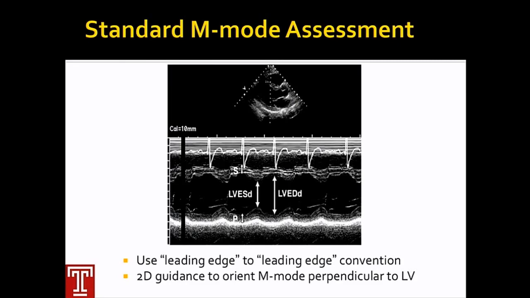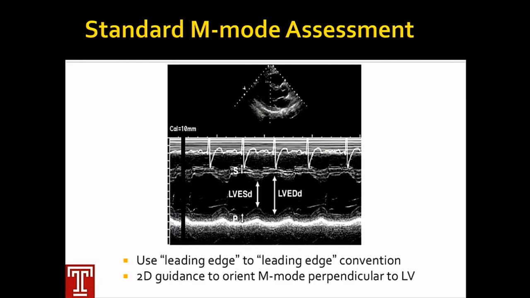Here is something taken from a very old textbook of echocardiography from a respected author about standard M-mode assessment. We can see here in the pictures the septum and the posterior wall are measured using the leading edge to leading edge convention.